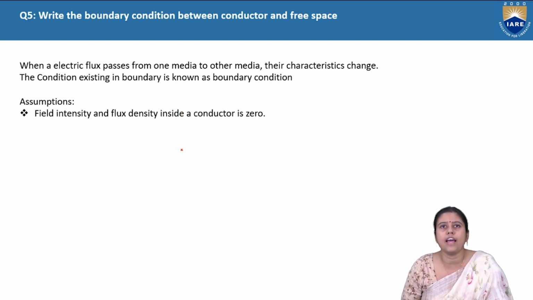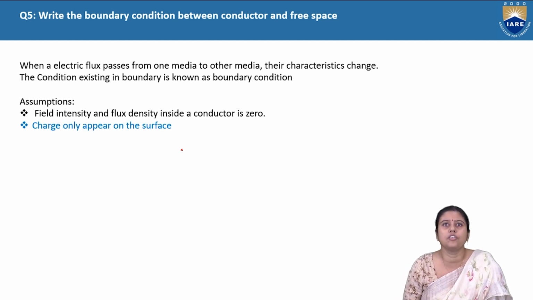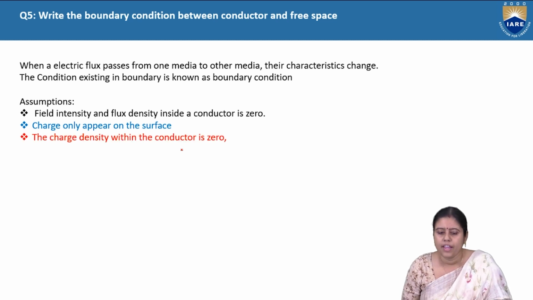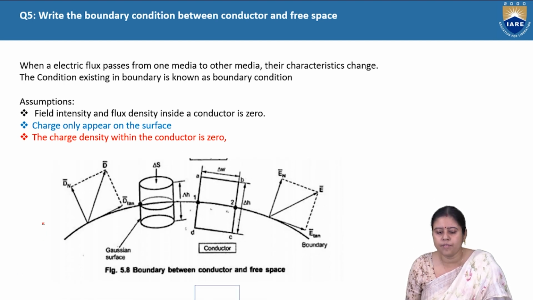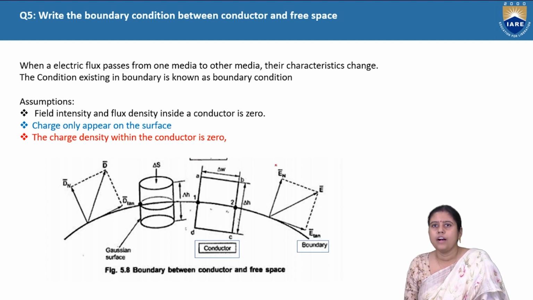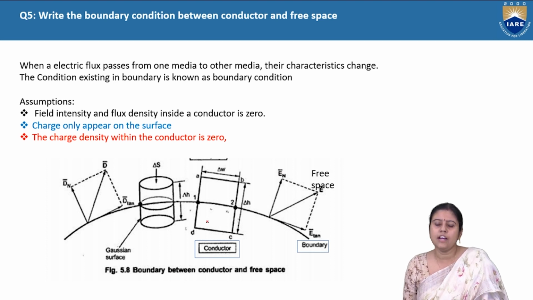We assume that the field intensity and flux density inside a conductor is 0. The charge only appears on the surface. The charge density within the conductor is 0. So this is the conductor, this is the boundary, and the outer side is the free space.